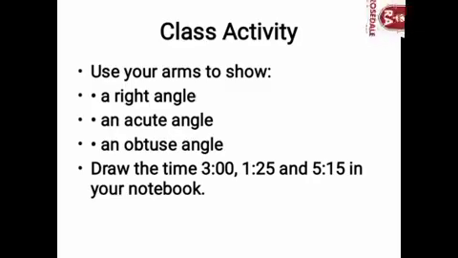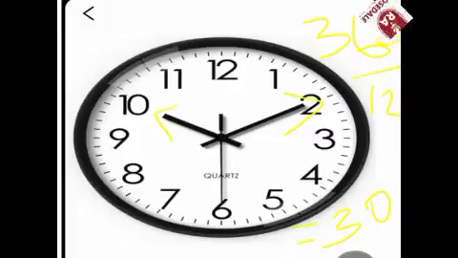Now draw the time 3 o'clock in your book. Draw it. I would like to see it in the class. Draw the angle at 1:25. Also draw the angle at 5:15. When I say draw, I mean make it look like this. At least you know what this time is talking about. This is 10 minutes past 10. We can call it 10:10 at this moment.